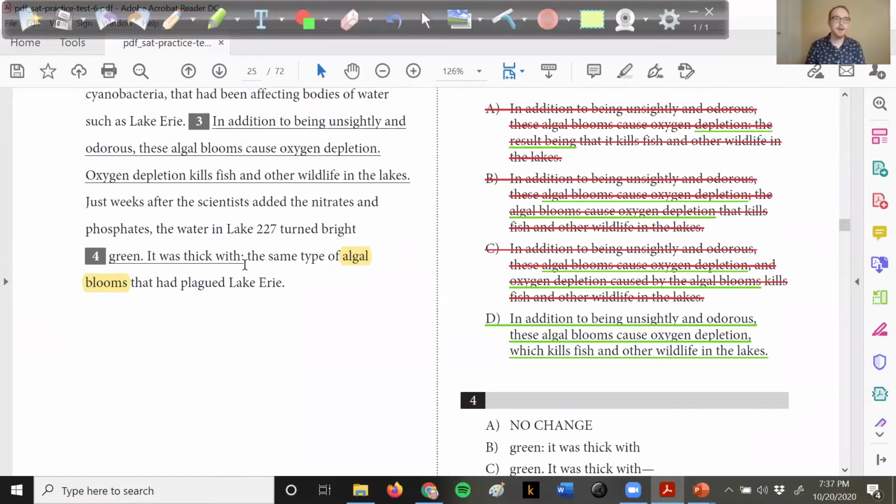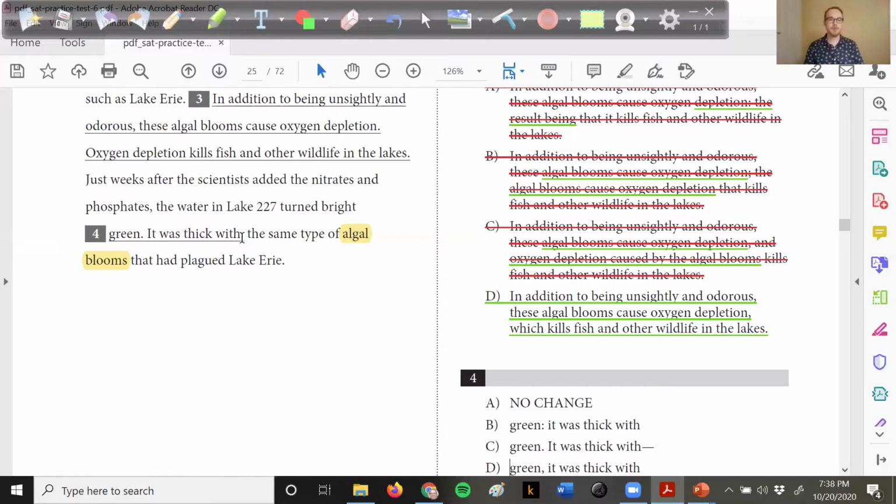So let's look at what might be problematic about this passage. Just weeks after the scientists added the nitrates and phosphates, the water in Lake 227 turned bright green. It was thick with, colon, the same type of algal blooms. I'll just say that there's really no reason for a colon here.